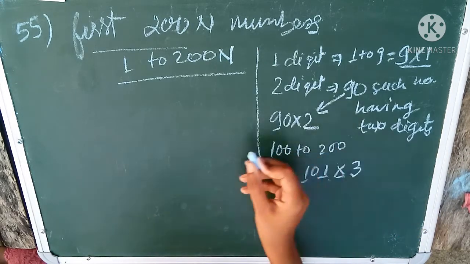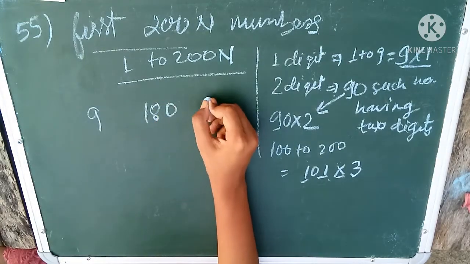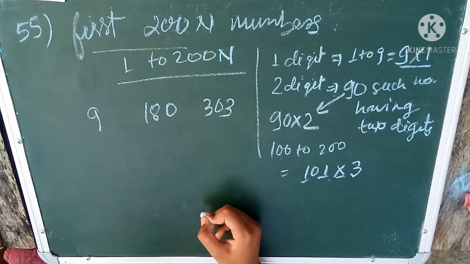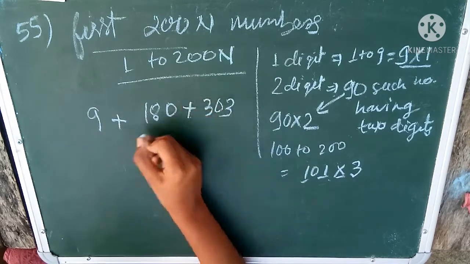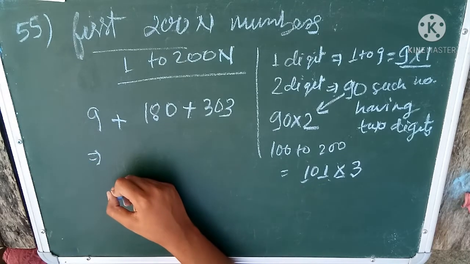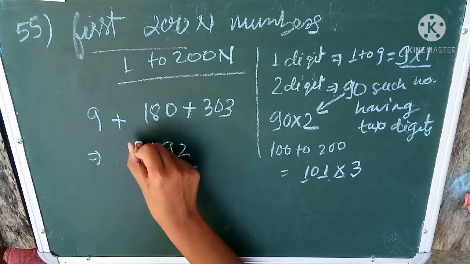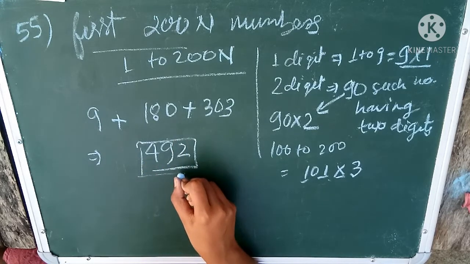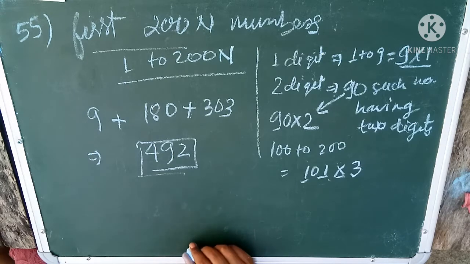Altogether we have 9, 180, and 303. To find the exact value we find the sum of these, which is 492. Thus 492 is the number of times we need to press the key to write the first 200 natural numbers.